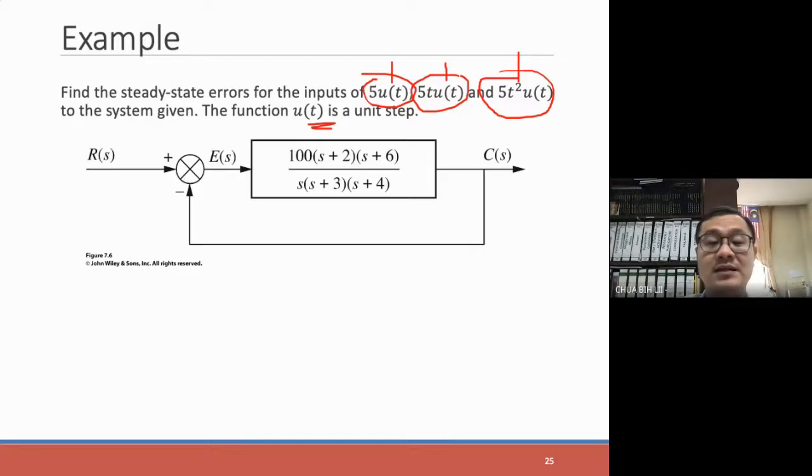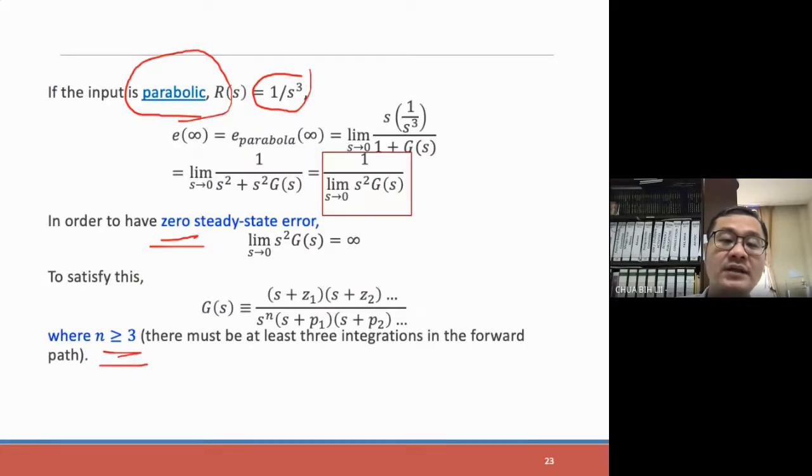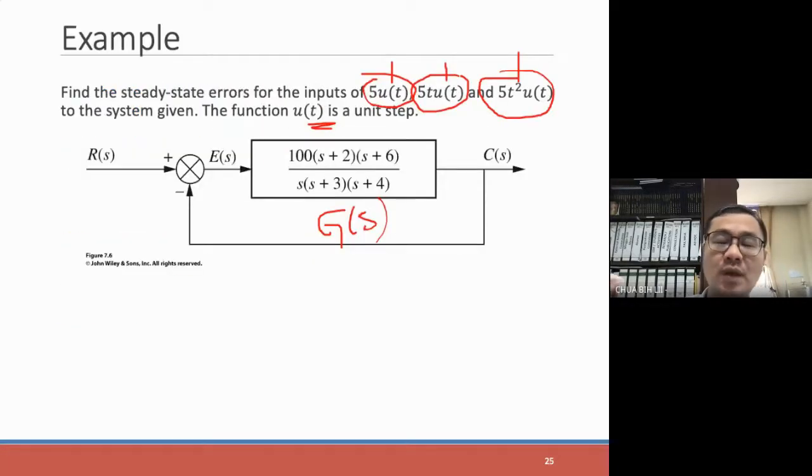We just take these as examples, and this is a feedback loop of a system, so we would consider this as G(s). Meaning to say, we would just apply or look at all these limits, depending on the type of the input itself. So we just look at the limits, the final value theorem.